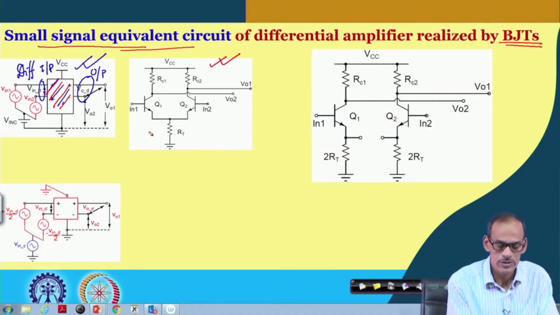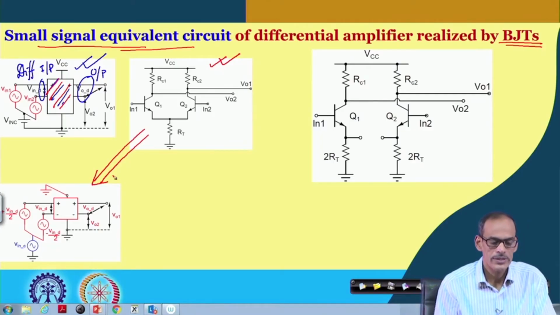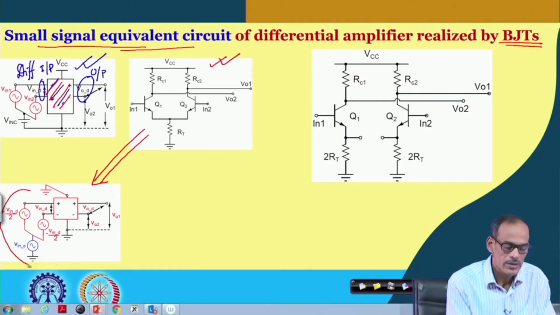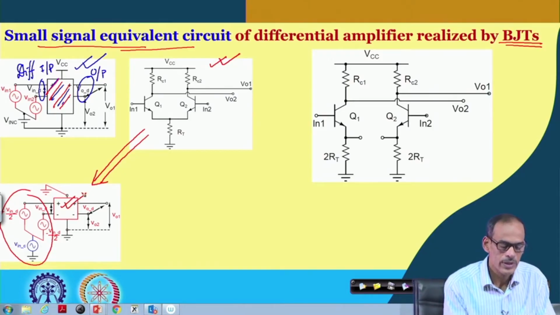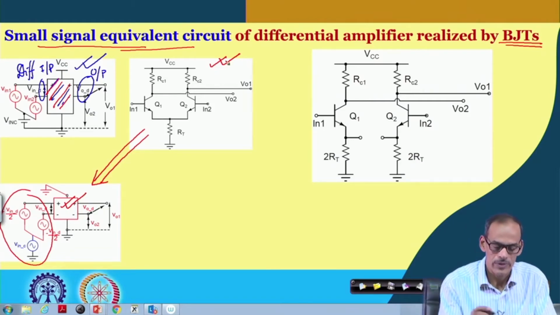For this circuit we need an equivalent circuit where we can drop the DC components of the current as well as the voltage, leaving the linearized circuit, which is referred to as the small signal equivalent circuit, and there we can stimulate the circuit. So, before we go for small signal analysis, we need to get the small signal equivalent circuit of this differential amplifier.